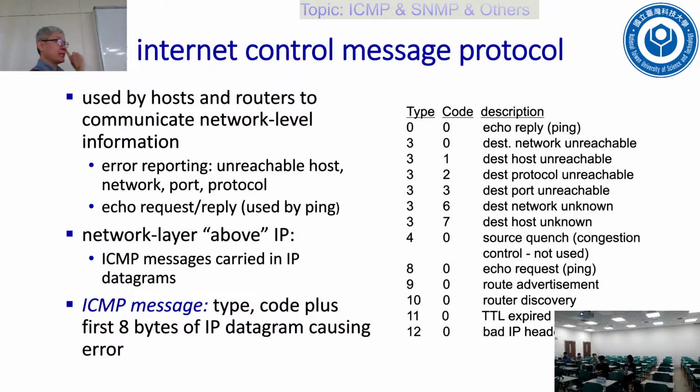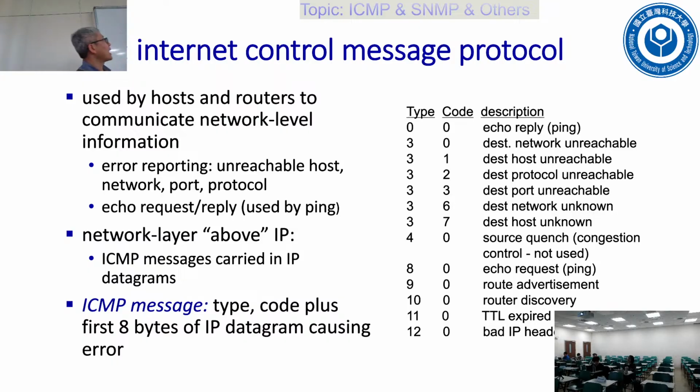For ICMP messaging, we have the fields called type, code, and some description. Maybe you are curious why these values. I don't have any idea why we have the setting for the value for type and code, but we have that definition for ICMP messaging.